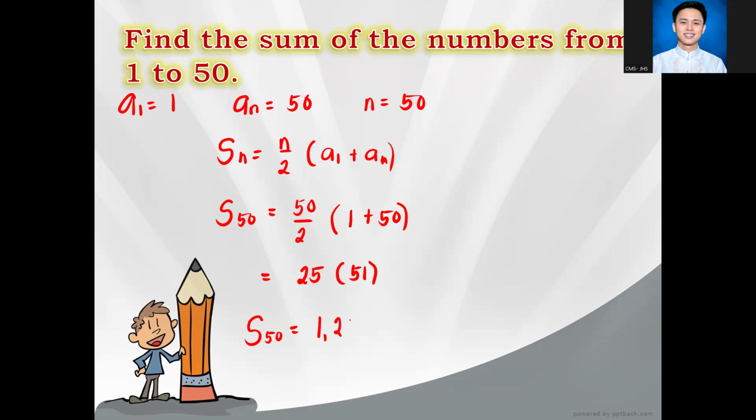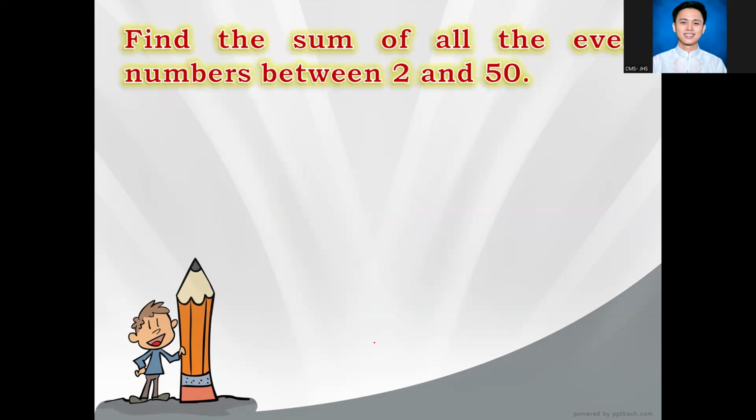So this means that if we add numbers 1 to 50, the resulting value or the sum is 1,275. Clear.